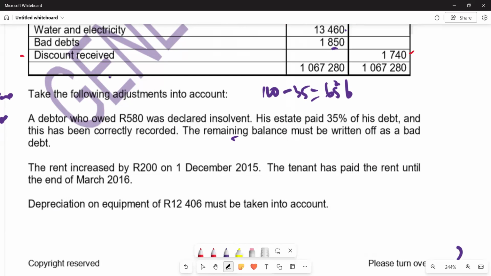So yes, 65% as a decimal becomes 0.65, and then you multiply by 580. And you see that if you do that, you are going to get an amount of 377, which you are supposed to add to bad debts that you are given in the trial balance, which is 1,850, to get the total for bad debts.